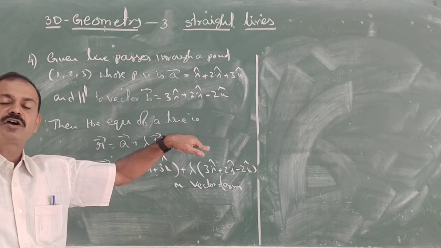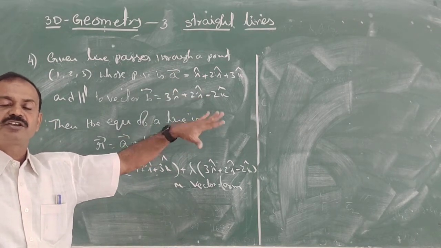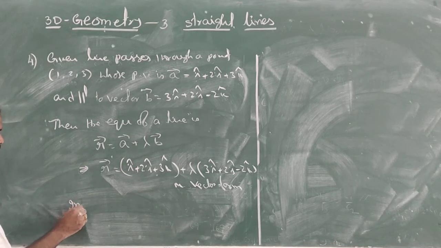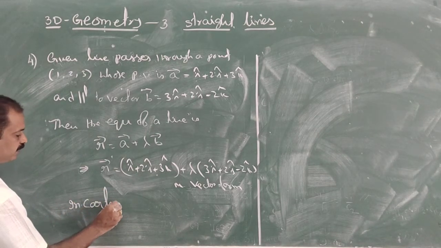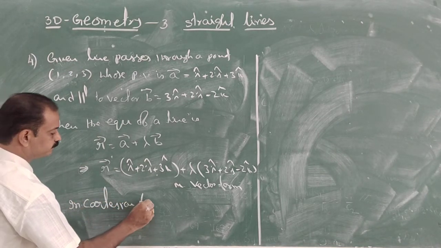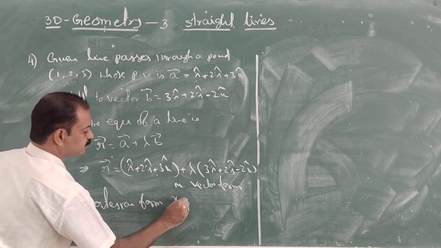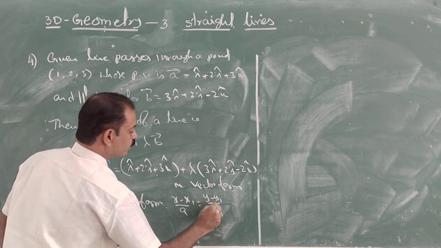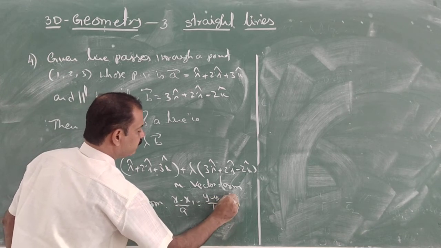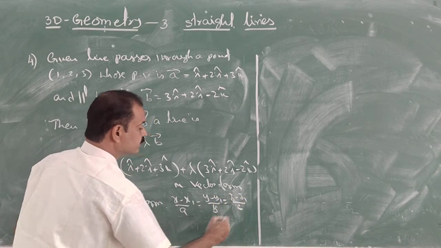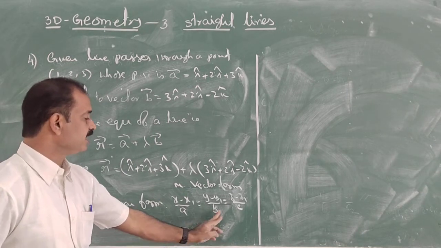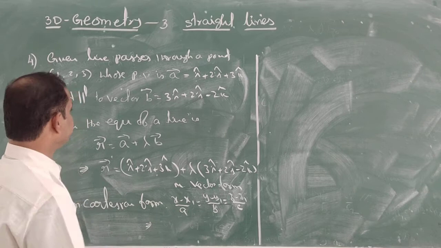If you want Cartesian form, you can write it, otherwise you can leave it. In Cartesian form, x minus x1 by a is equal to y minus y1 by b is equal to z minus z1 by c. What are a, b, c? They are the DRs of the parallel vector.